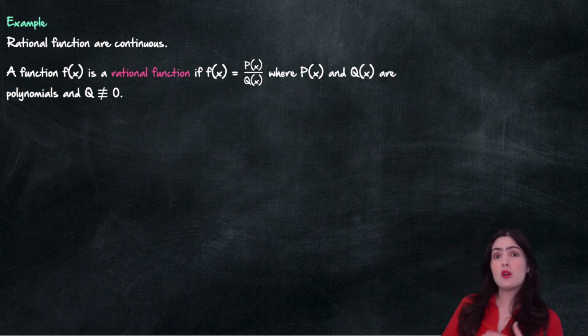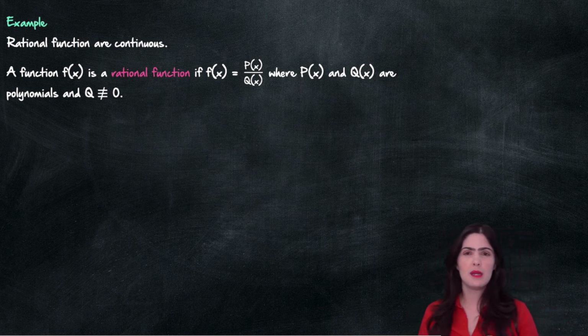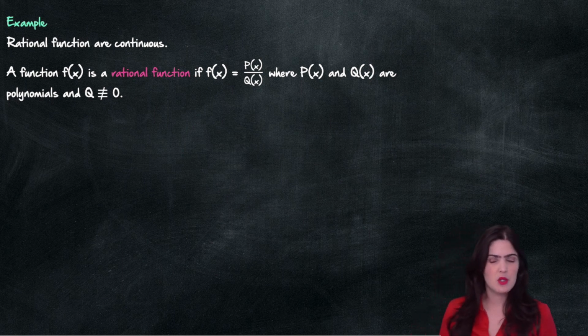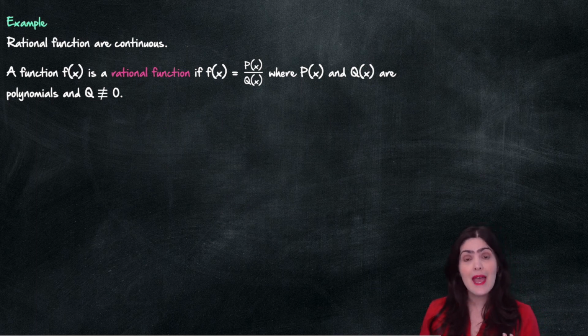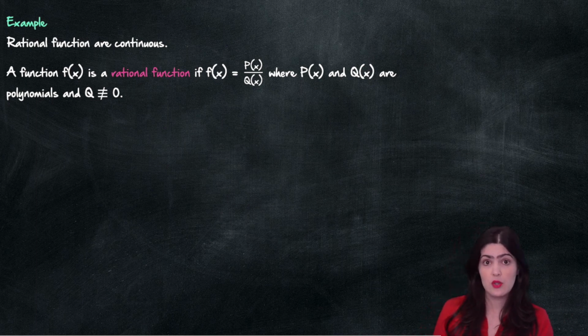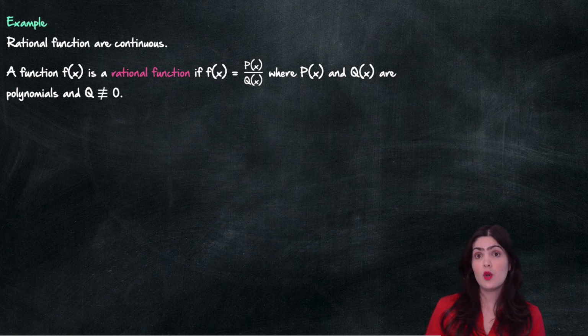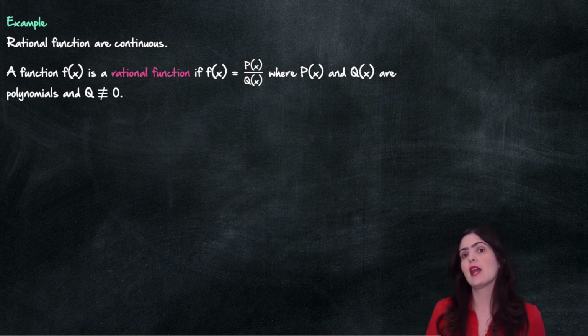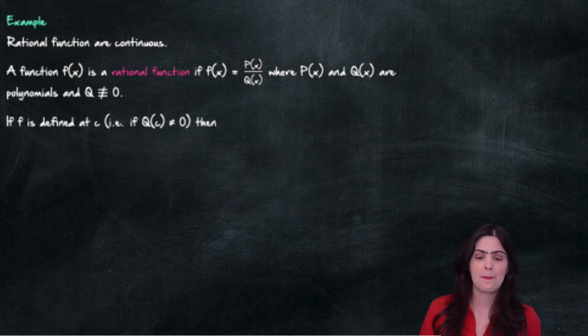It could be 0 at some points, and when the denominator becomes 0, we just say that the function is not defined. So that's something to keep in mind. Rational functions will be continuous everywhere on their domain, at all points where the function is defined. If the function is not defined, then it cannot be continuous, of course.